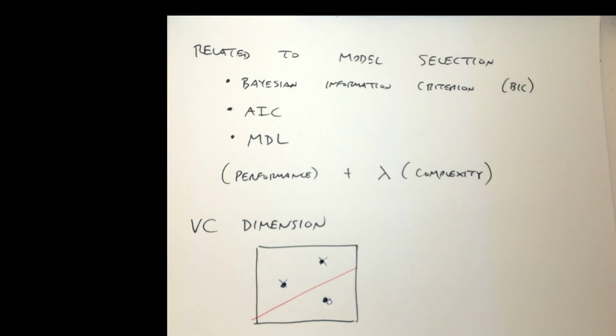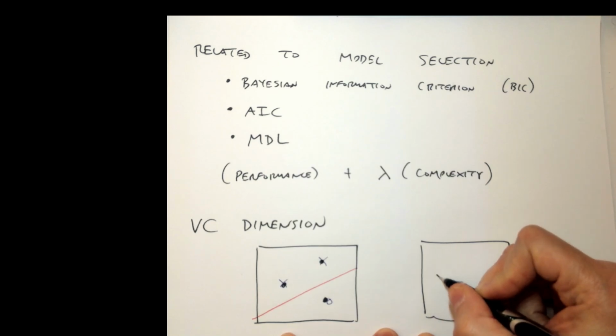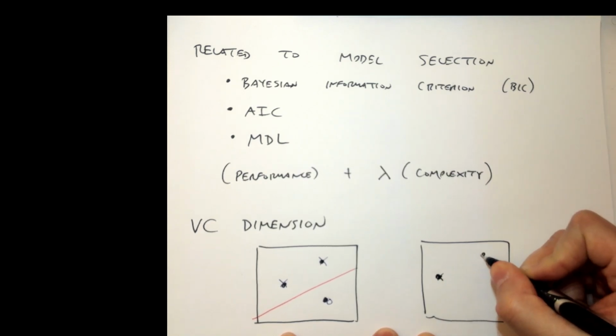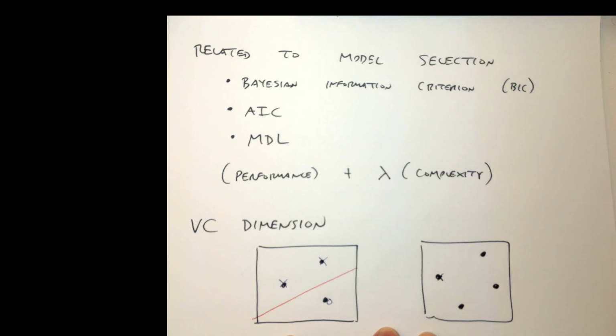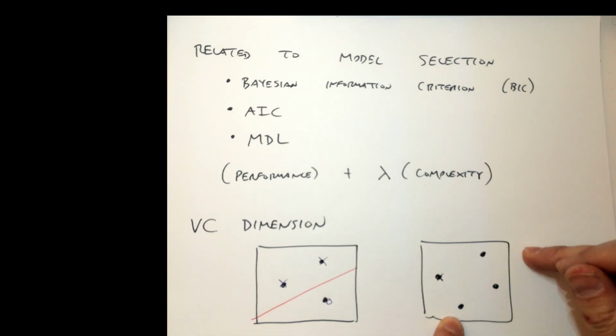So what this means is that a straight line can perfectly shatter these 3 points, right? However, if I had a different situation like this, say I had points like this, a straight line cannot shatter these 4 points because, maybe if these were labeled X's and these were labeled O's, I could draw this line.